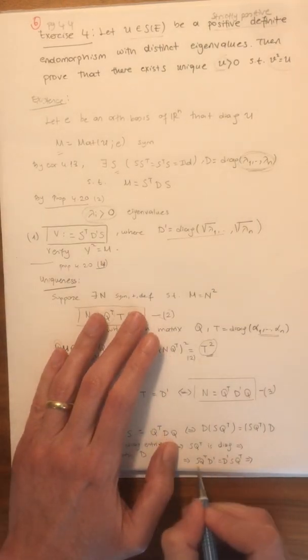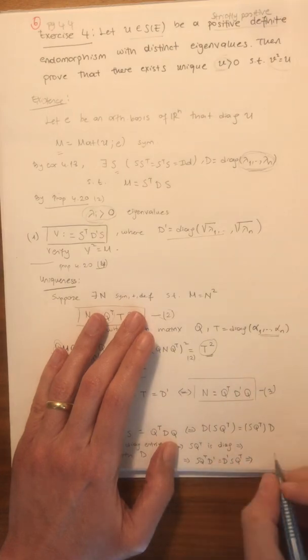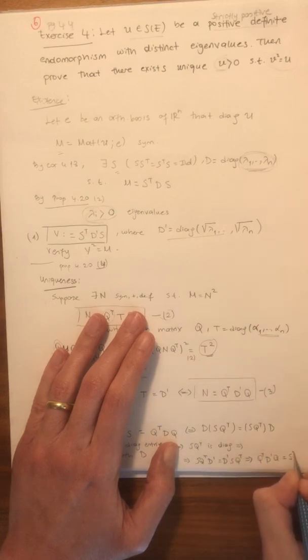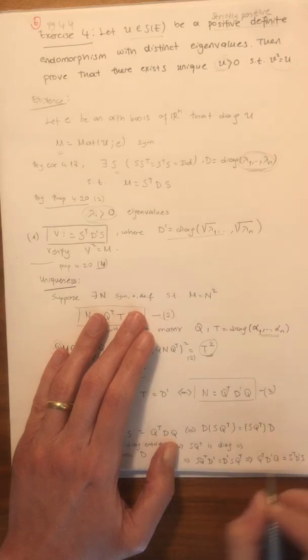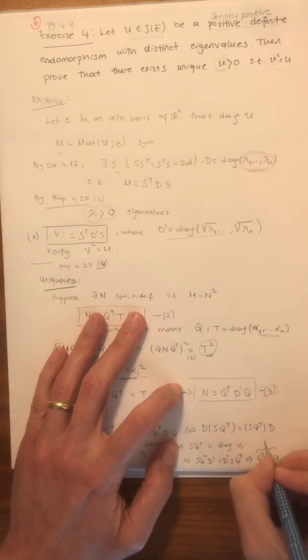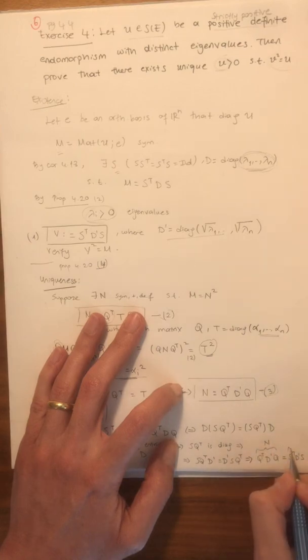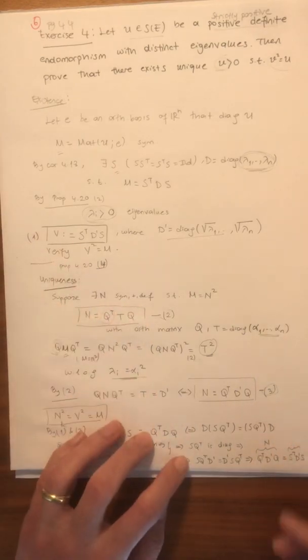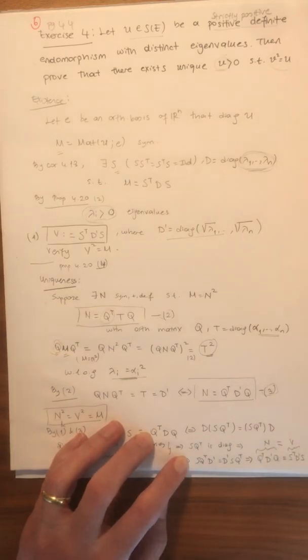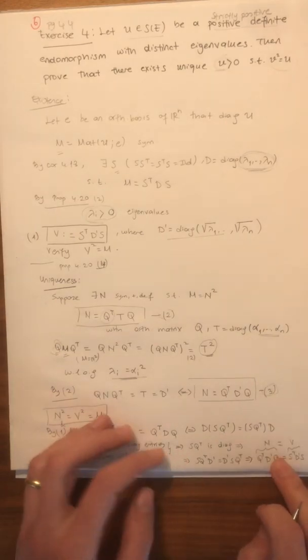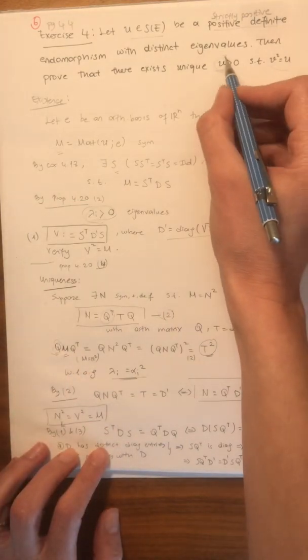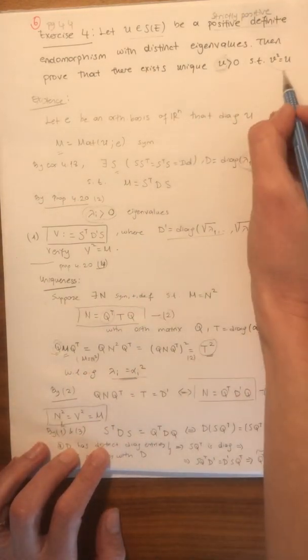So again, by a rearrangement of this last equation, we see that Q transpose D prime Q is actually the same matrix as S transpose D prime S. So by the third equation we know that this denotes N, and by the first equation we know that this denotes V. So that shows the uniqueness of such an endomorphism V.